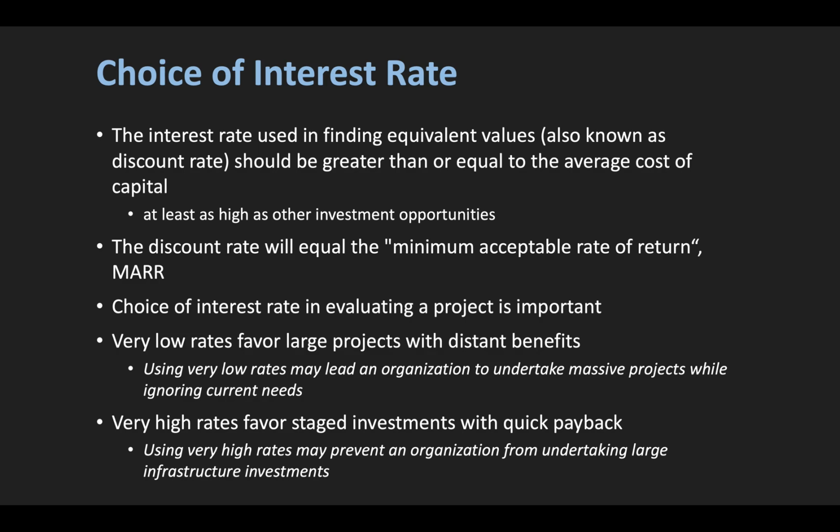Remember the 10 startups your friend provided you. You want to choose the one with the highest investment opportunity. Or if two are both 20% return, that's the highest, then you can pick one from that, right? So at least as high as other investment opportunities. The discount rate will equal the minimum accepted rate of return, so basically equal to the MARR.